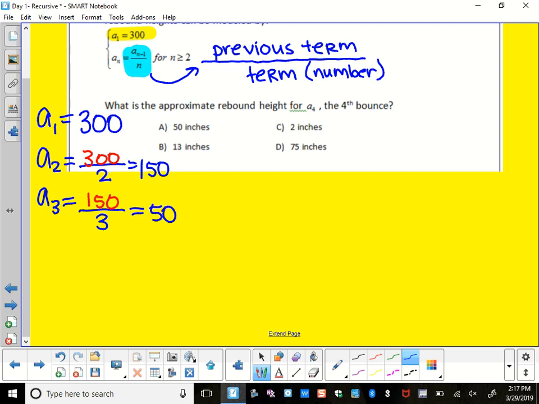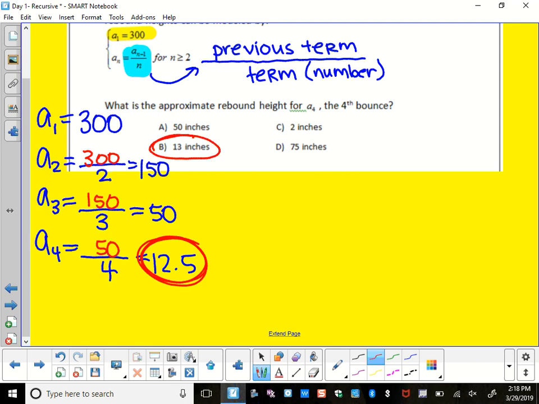All right, so my fourth term, what's my previous term? Divided by 4. What's 50 divided by 4? 12.5. So I'm stopping there because they asked for my fourth term. Which answer is the best answer? B, 13.